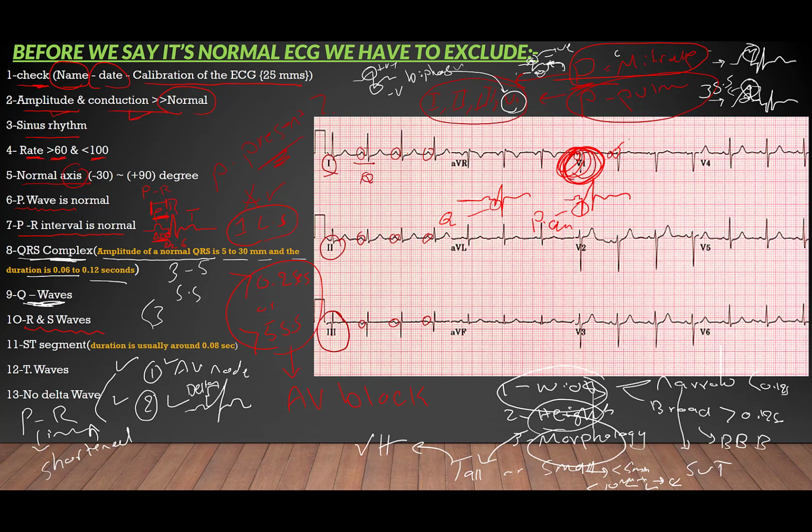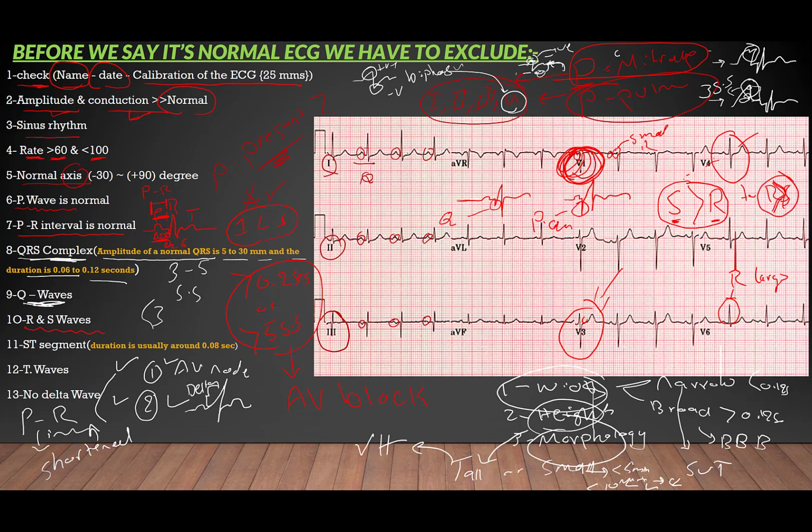If you look here, we have a small R wave in V1, and this is the R wave which is large in V6. Then the transition from S larger than the R wave to R wave larger than the S wave should occur in V3 and V4.